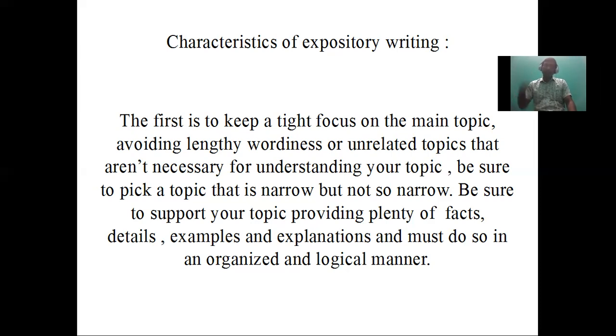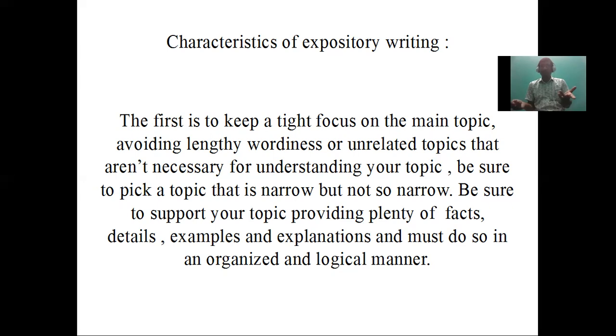Suppose you are writing about corruption. Your focus should be on corruption. In this, you should not bring in things like traffic jams or population problems. Population problem may be a problem, but traffic jam is totally opposite to corruption. There is no link between corruption and traffic.